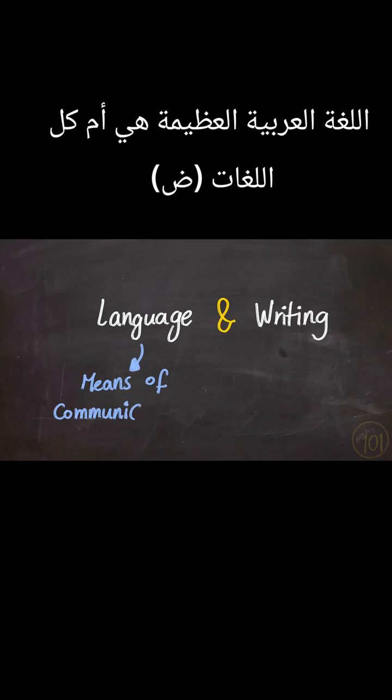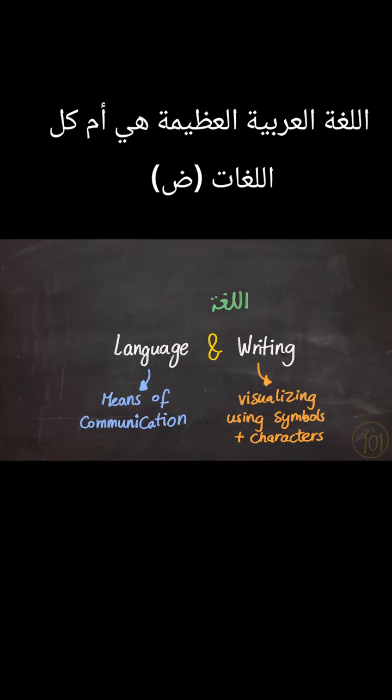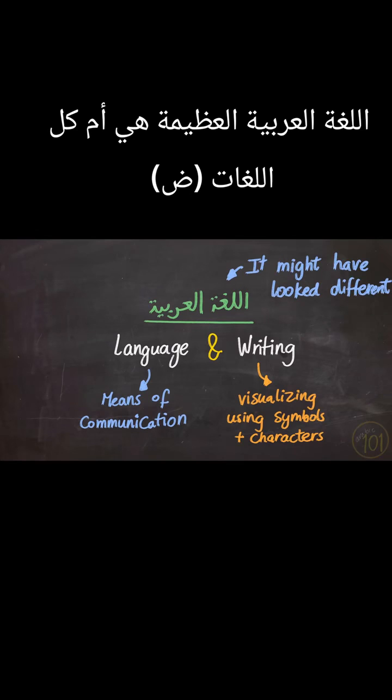But we must differentiate between two things: language and writing. Language is the means of communication, while writing is the visual representation of a language using symbols and characters. So it is very likely that Arabic in very ancient times looked different than what we see and recognize today.